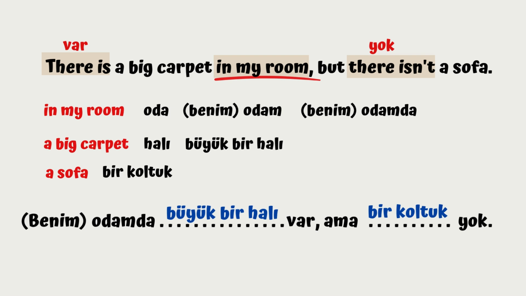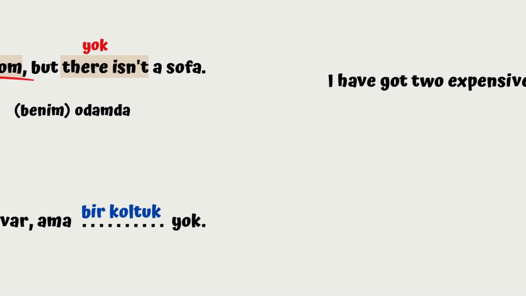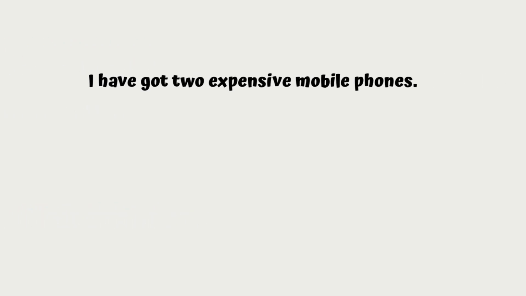Okay, let's take a look at the other sentence that we're going to work on. That is, I have got 2 expensive mobile phones. Again, you can pause here and you can work on the sentence by yourself, and I'm going to give the answers in a second and we're going to do it together. Are you ready?